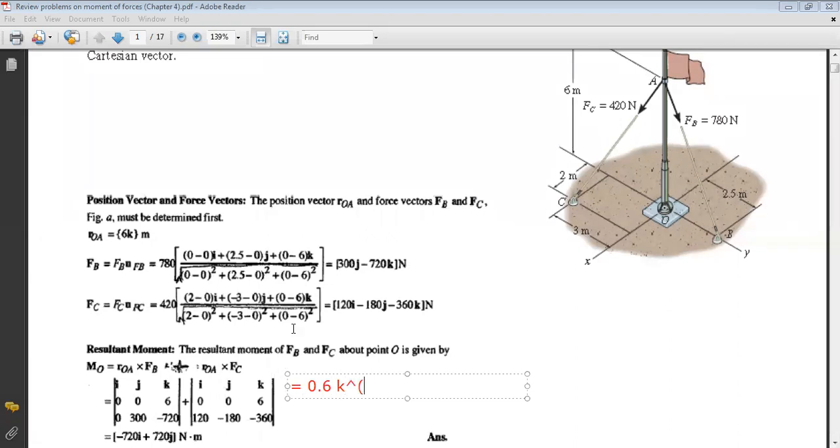If you do the summation of FB and FC, what do you have? Along I, you have 120 plus 0, so it's 120I, plus along J, no component, it's 300 minus 180, so it's plus 120J. And along K, if you do the summation, it's minus 1080K.